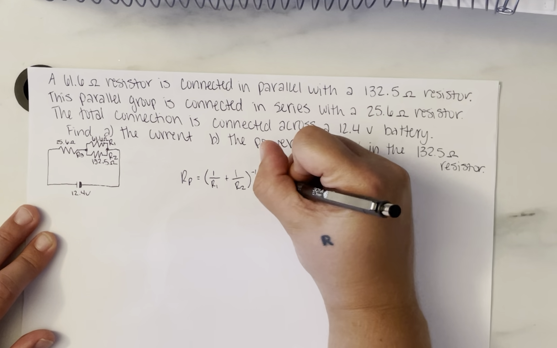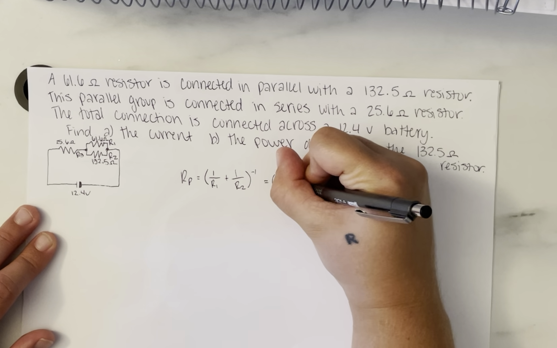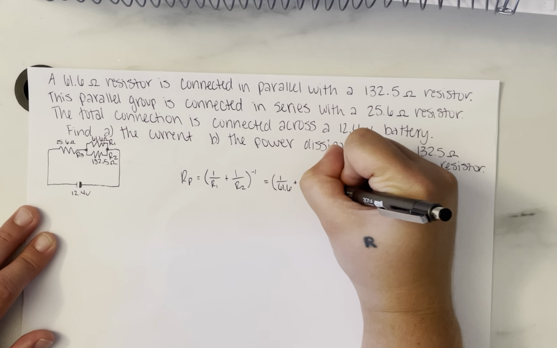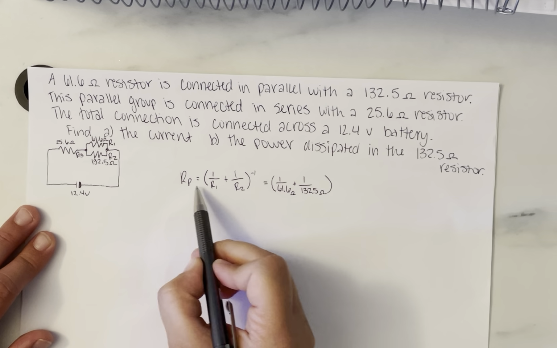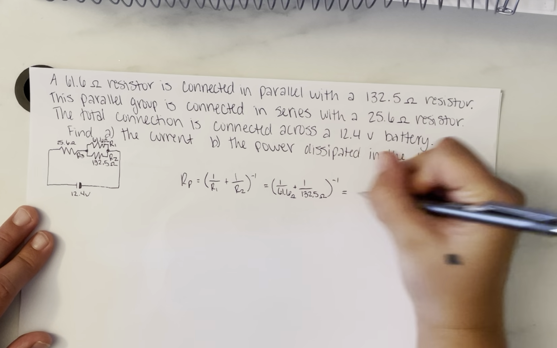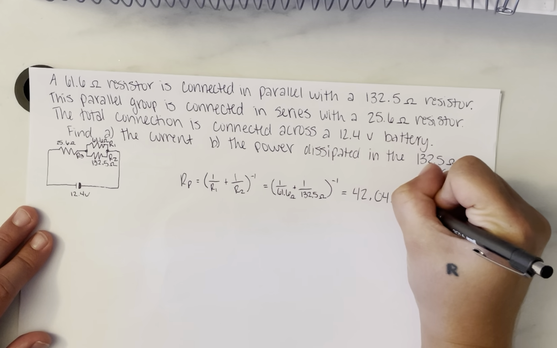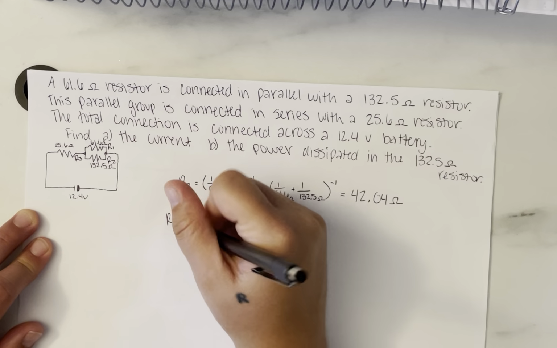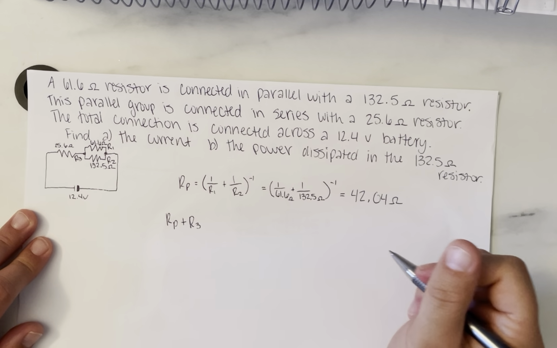And we can plug in our values here so that we get (1 over 61.6 plus 1 over 132.5) to the negative 1, and these are going to be ohms because these are all resistance. We're going to get that equals about 42.04 ohms.